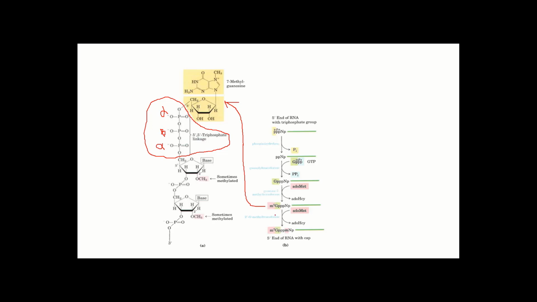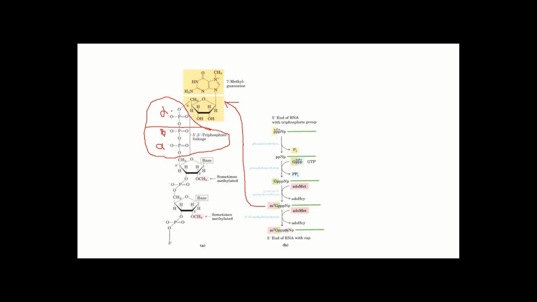And how? The 7-methyl guanosine has a phosphate at the alpha position, and this 5' nucleotide of the mRNA has 2 phosphates at the alpha and beta positions, and they will make a phosphodiester bond. This is the part from the mRNA, and this is the part from the alpha phosphate of GMP, which is the G cap, or actually modified GMP, 7-methyl guanosine.